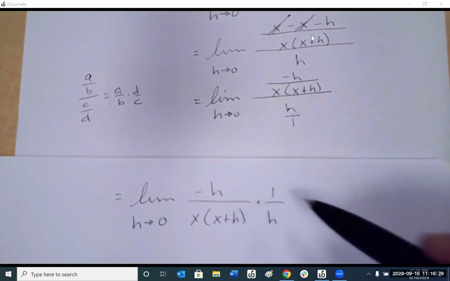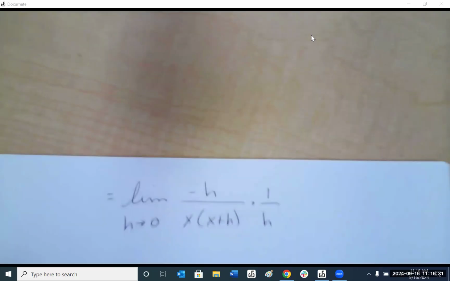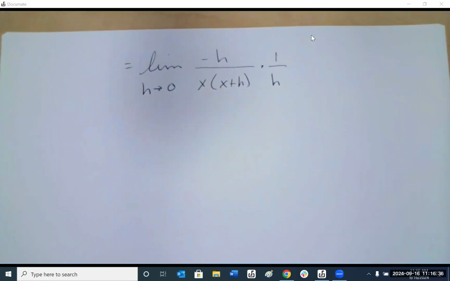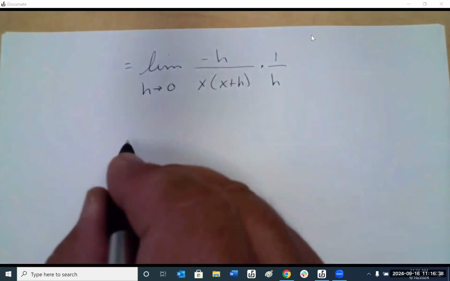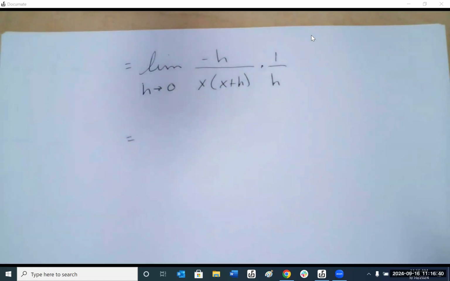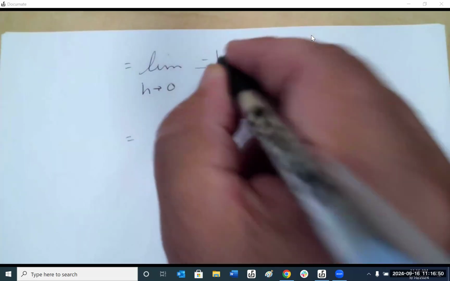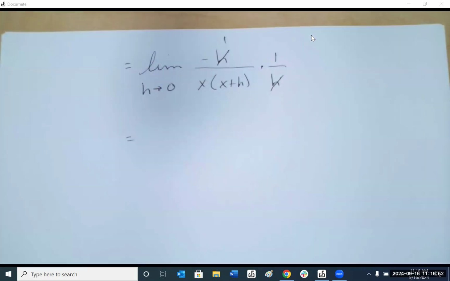Now flip the bottom and multiply it. Simplify. Before you multiply fractions, always simplify. This h and this h cancel. Leave it 1.